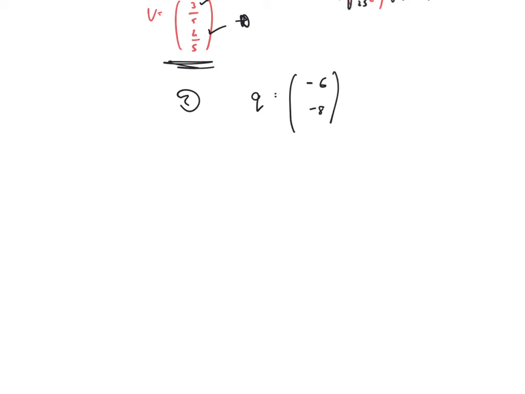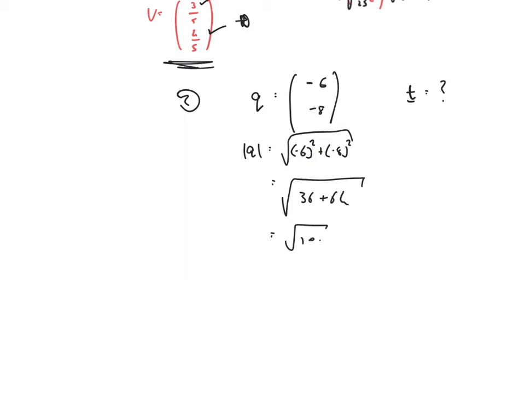Okay, so the vector I'm looking for then is T, and I need to find the components of T, and that's the unit vector related to Q. So let's first of all find the magnitude of Q. So that's the square root of -6 squared plus -8 squared. That's the square root of 36 plus 64. That's the square root of 100. Square root of 100 is 10. So therefore, the magnitude of the vector Q is 10.